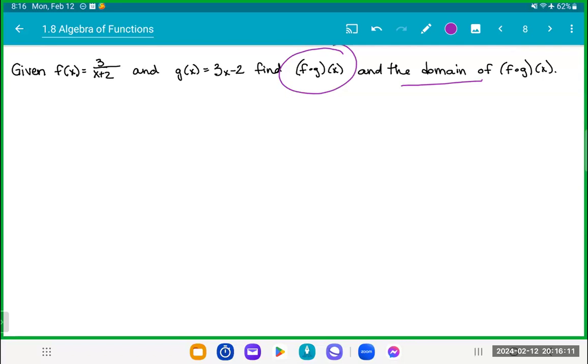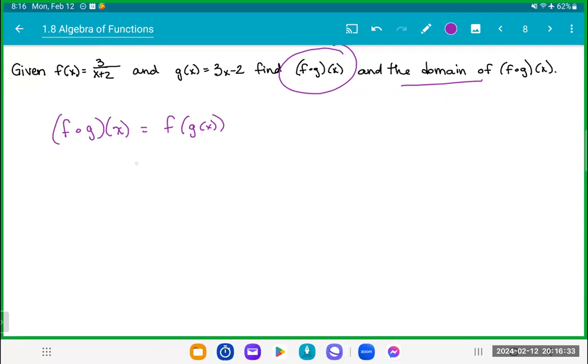So for this problem, we want to do f of g of x, right? So we're going to plug our g function into our f function. f of g of x is really saying this is my f function and I'm plugging my g function into it.